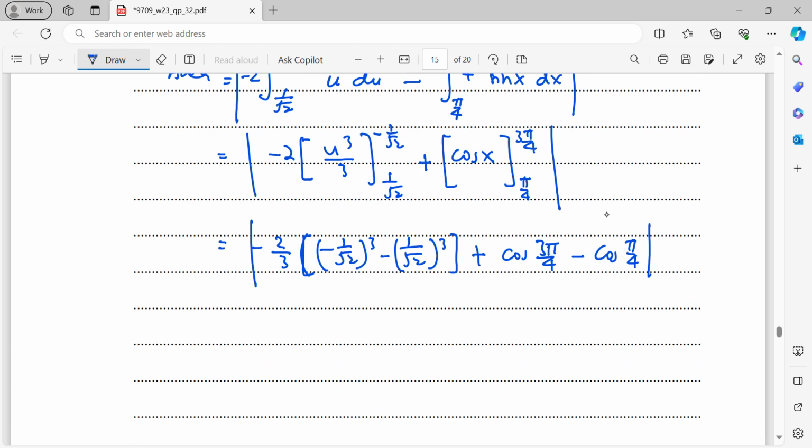So when we simplify all of this, you will be getting negative 2 over 3 times negative 1 over 2 root 2 minus 1 over 2 root 2, then plus negative 1 over root 2 for the cos 3 over 4 pi, and then the cos pi over 4 is 1 over root 2.